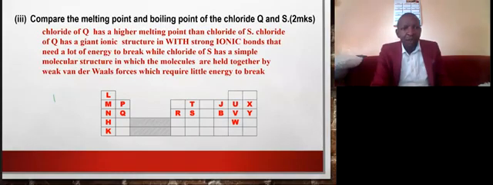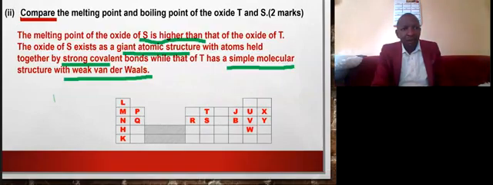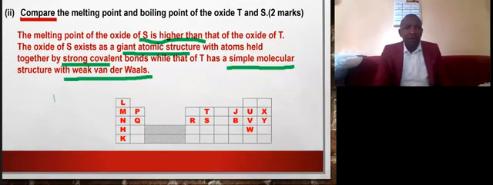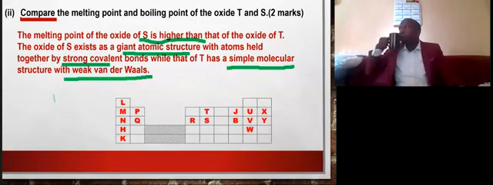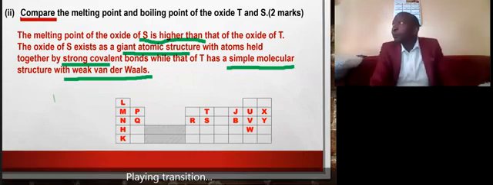The answer is there, or the answer has not come up yet. The other question, the one that you're speaking about, the oxides of T and S. Okay, to make a screenshot. Can we go to the next? Yeah, we can go to the next one.